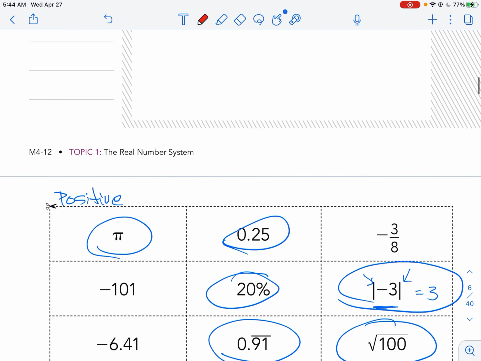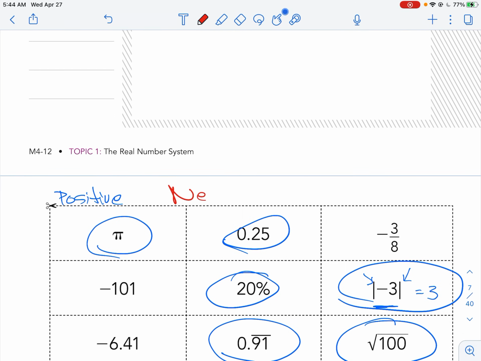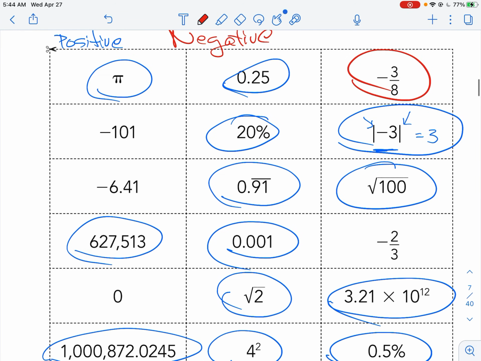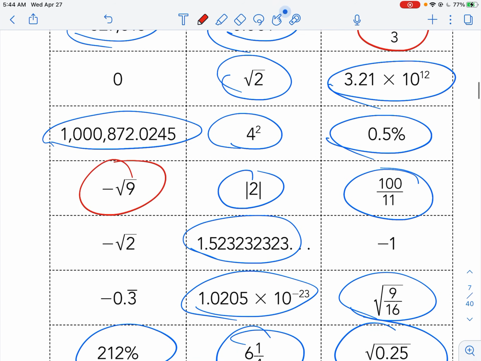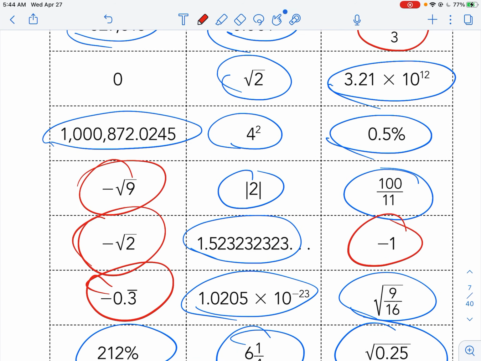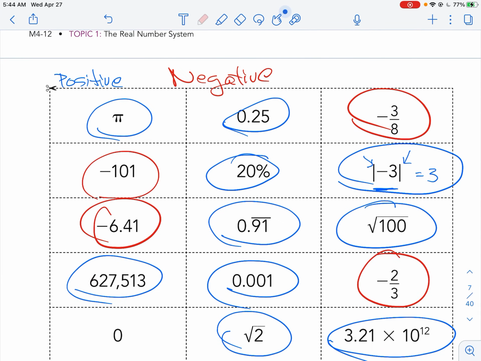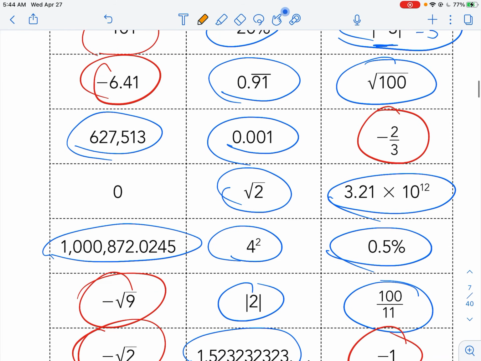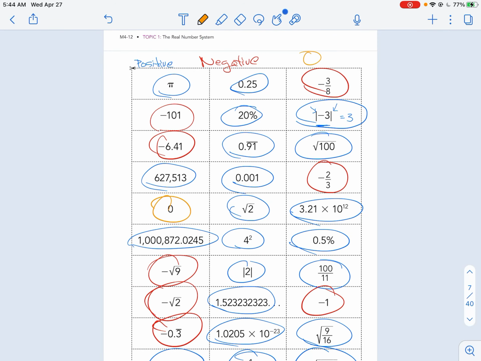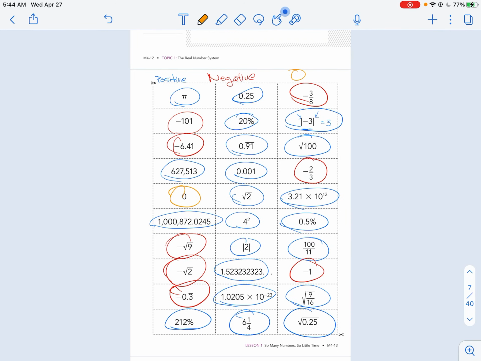I cannot believe I just did that. So negative, we did this. Okay, but then you have the number 0. So it's neither positive nor negative. So you could have grouped it like that. That would have been perfectly fine.